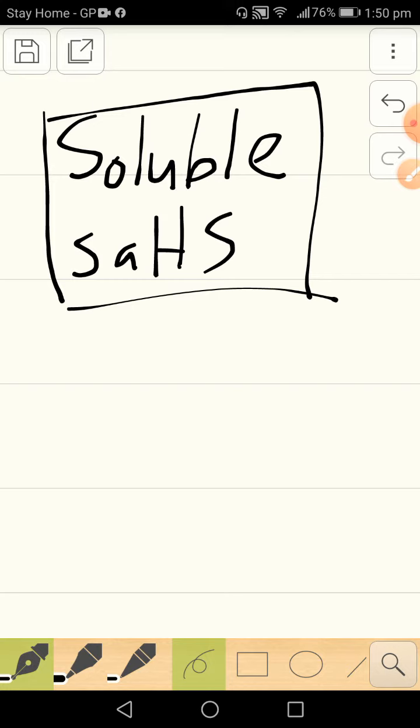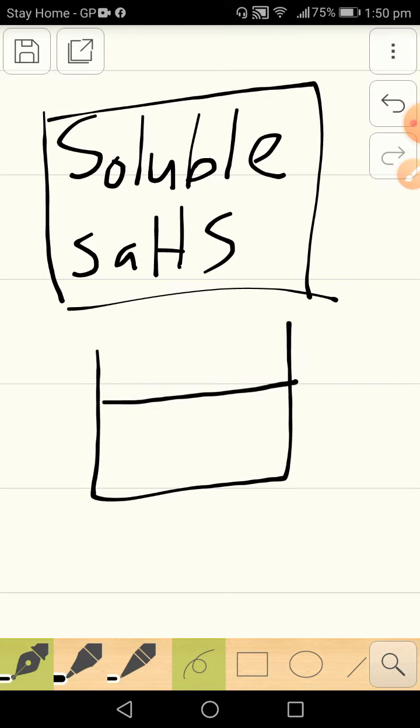Before knowing how to prepare a soluble salt, we must first know that, for example, we are given a solution in which a salt is dissolved.